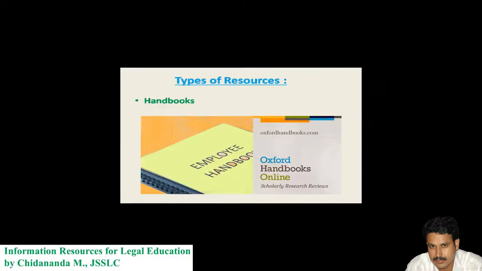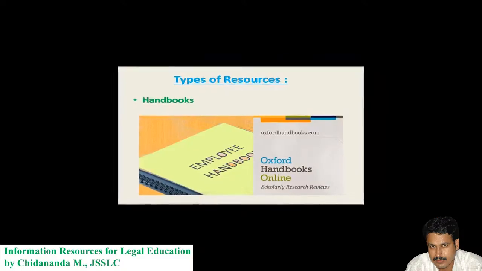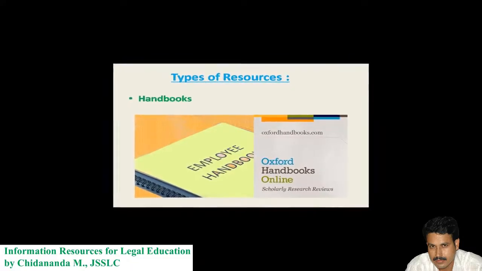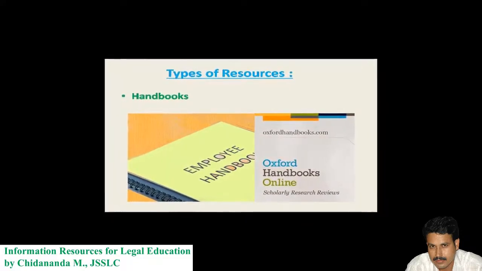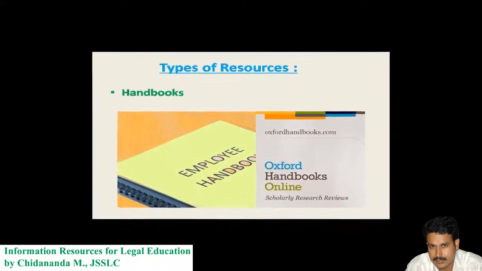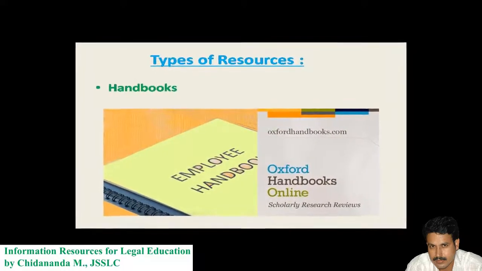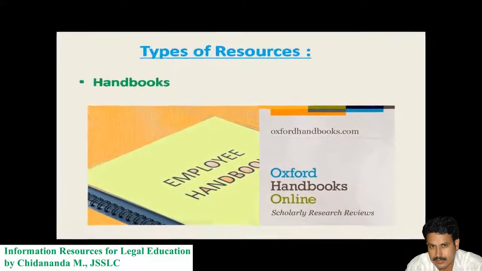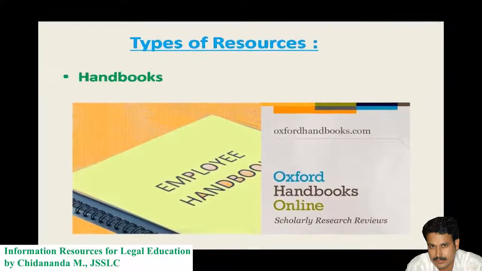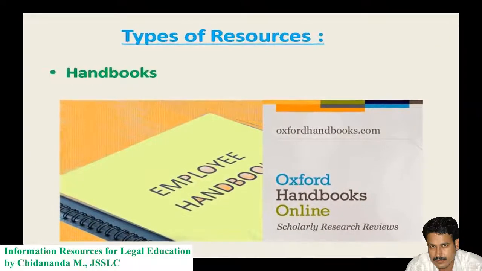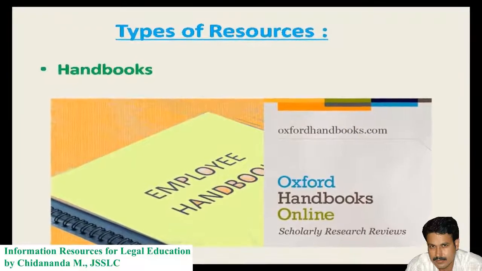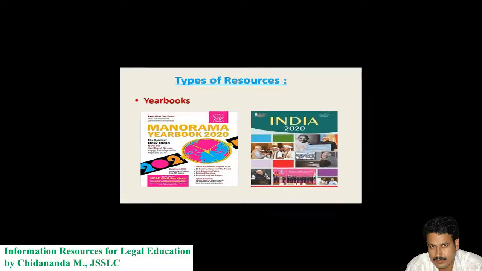Next one is handbooks. Handbooks are books that contain procedures, principles, tables, graphs, statistics, etc. You may get general handbooks, statistical handbooks, historical handbooks, literary handbooks, subject handbooks, and practical handbooks. Next one is yearbooks.